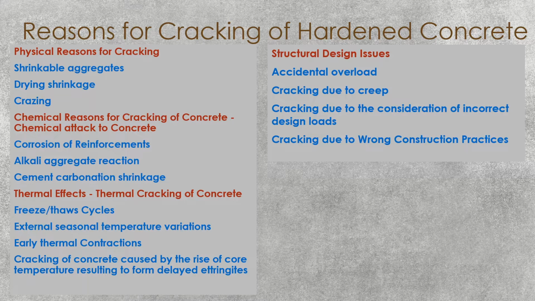Next we are going to discuss chemical reactions that cause cracking of concrete. This is also called chemical attack on the concrete. Corrosion of the reinforcement: corrosion could be due to chemical attacks like chloride, sulfate, etc., so the reinforcement could corrode.